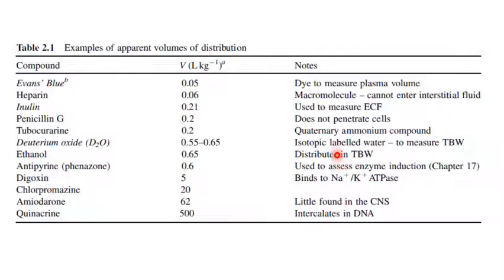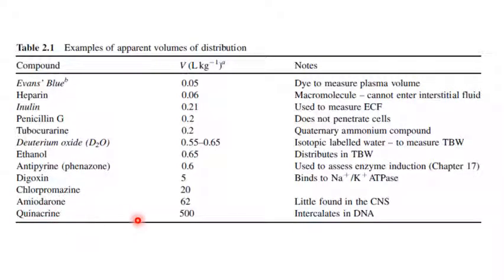This is an example of apparent volume of distribution for some drugs. You can see here that drugs like heparin, inulin, penicillin G have low volume of distribution compared with drugs that have a very high volume of distribution like amiodarone and quinacrine.